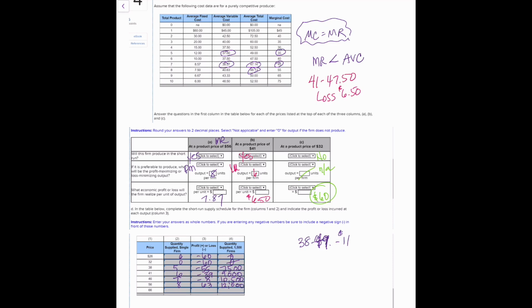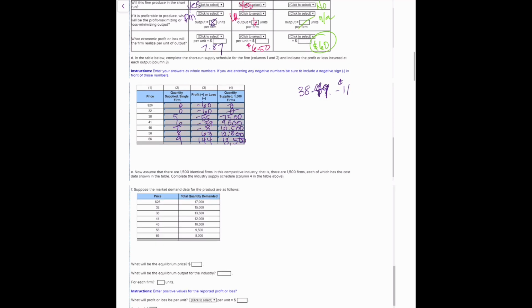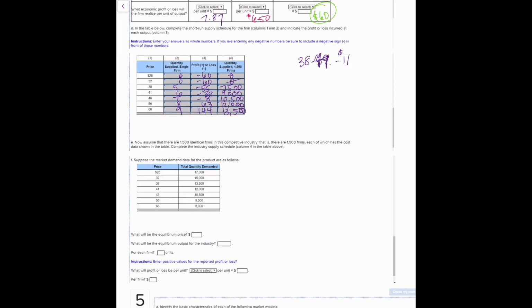And finally, at $66, we can see that 9 will be produced. Those 9 will produce a total profit of $144, and 13,500 units will be produced in the marketplace of 1,500 firms.